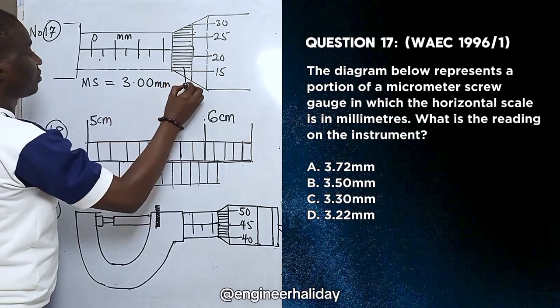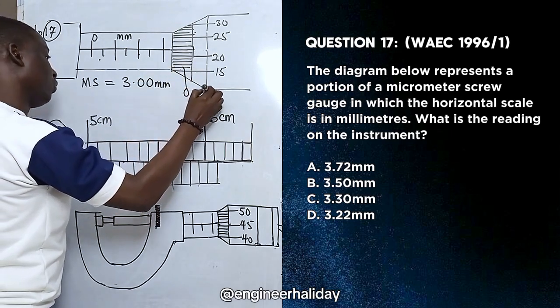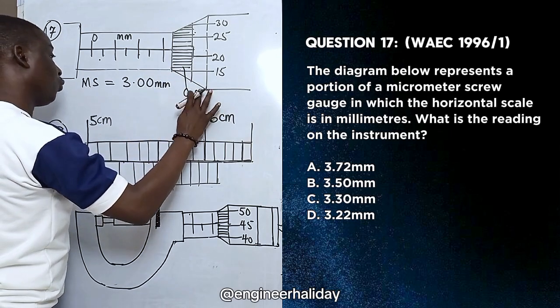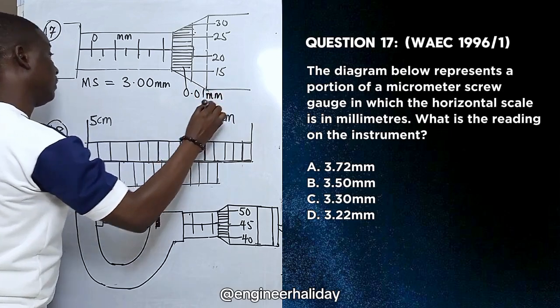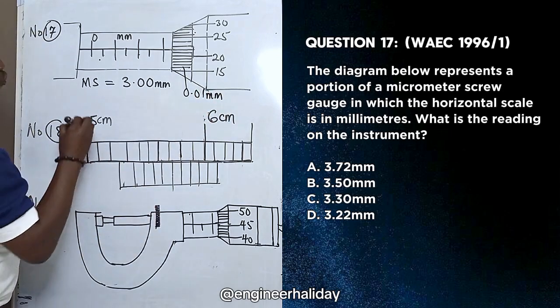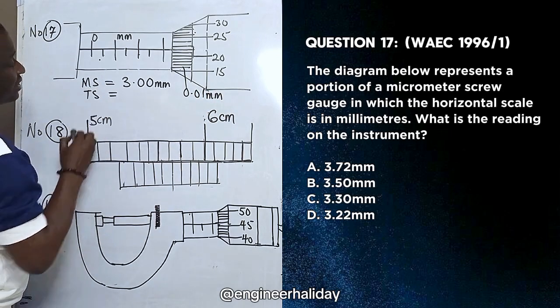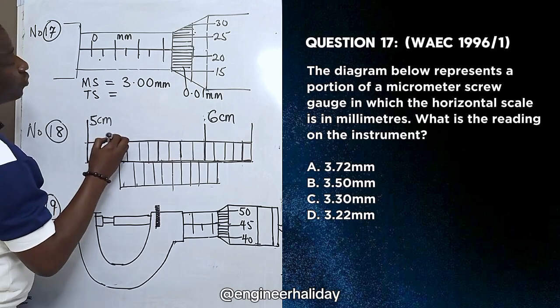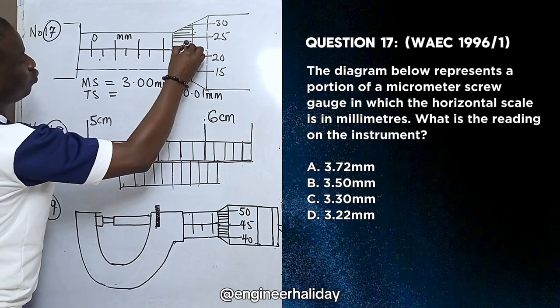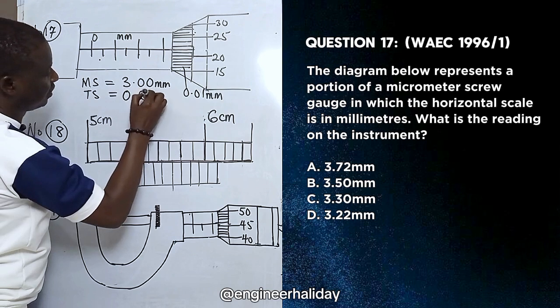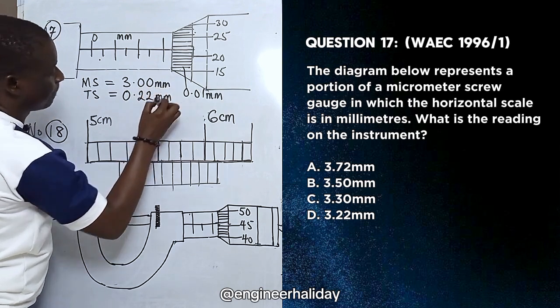Each of these lines is 0.01 mm, so the thimble scale will be 22, which is 0.22 mm.